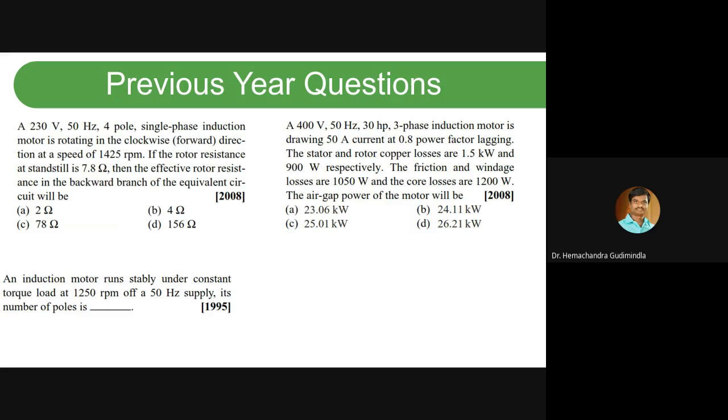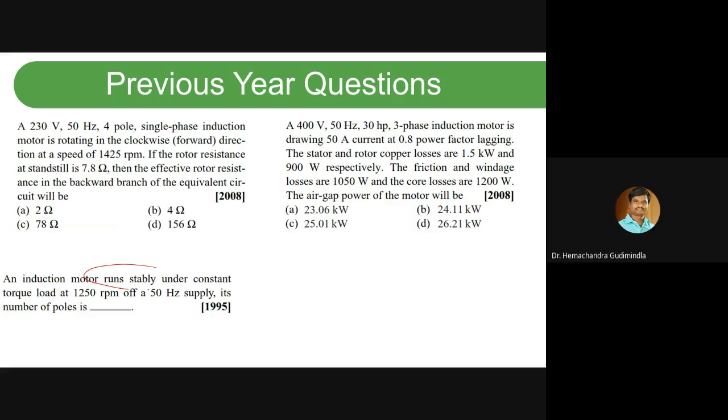So it is like a simple question. How do we calculate the number of poles?